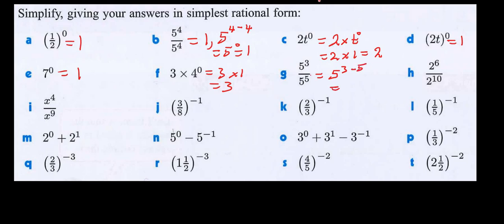So this is going to give you 5 exponent negative 2. So you can change the negative exponent to a positive exponent by simply making it a fraction, 1 over 5 exponent 2, and that is going to give you 1 over 25. I hope this is clear. All right, so let me quickly clean up this.